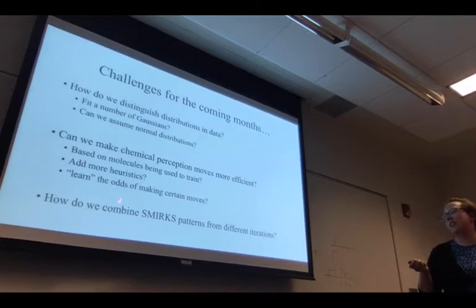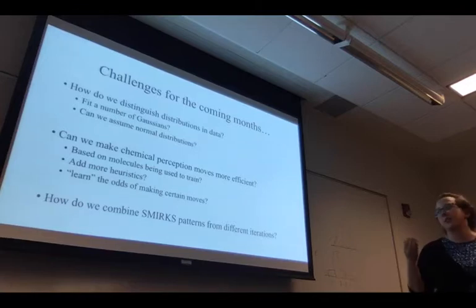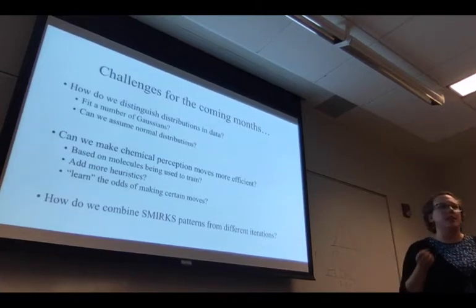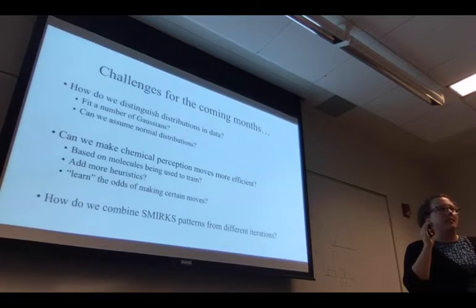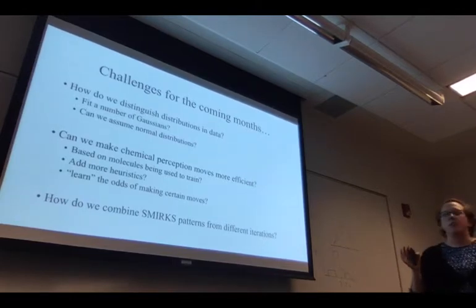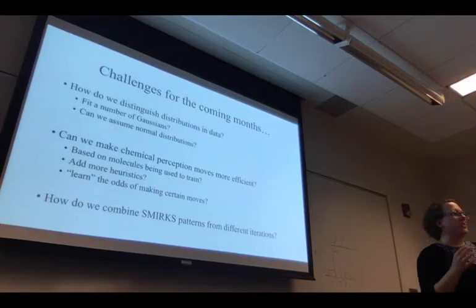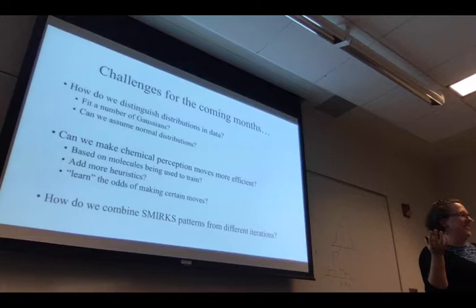Or is there some way, instead of heuristically building that in based on the molecules, to learn those odds and adjust them as the simulation goes? Right now SMIRKY has uneven probability of making certain decisions, and those choices in probability were just some of Christopher, some of me going, this is what seems right based on what we have.